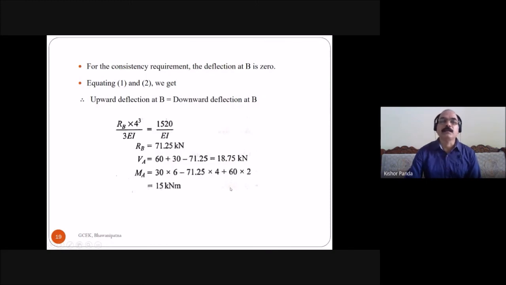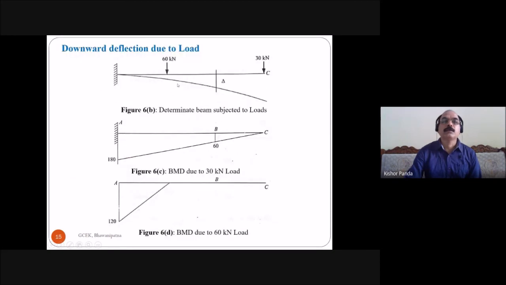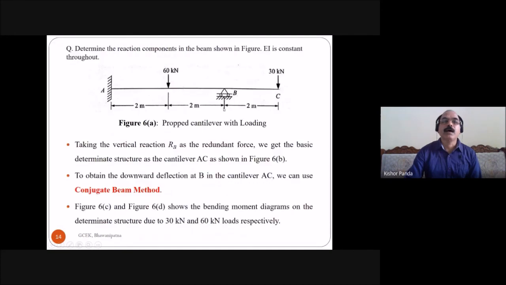Then find the moment here. RB into 4 minus 60 into 2 minus 30 into 6 is equal to MA.